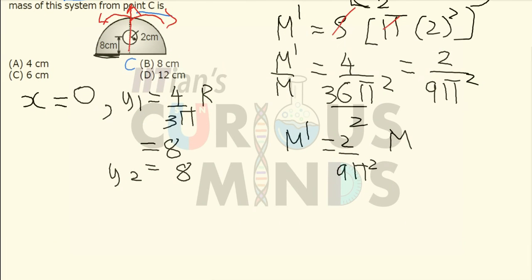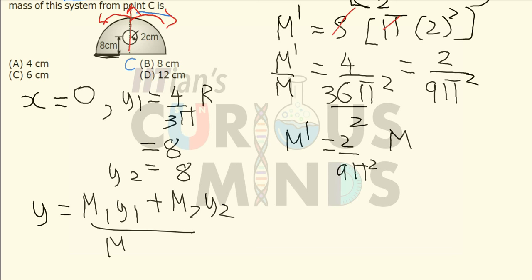Okay, so y will be equal to m1 y1 plus m2 y2 divided by m1 plus m2. Now since the mass has been removed, this part will be negative over here.